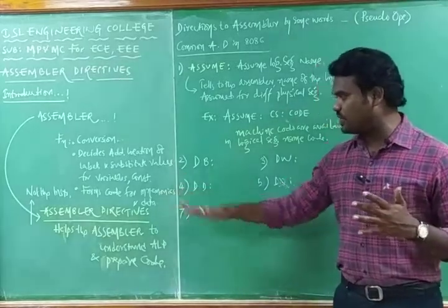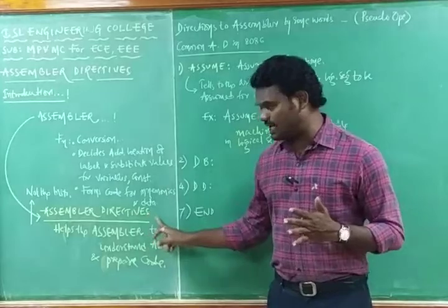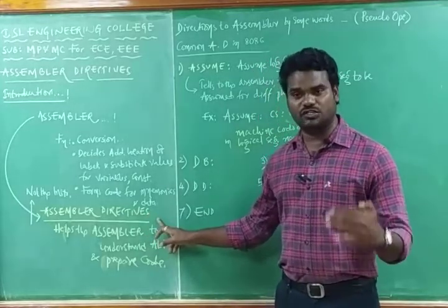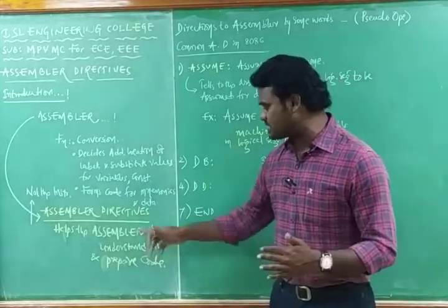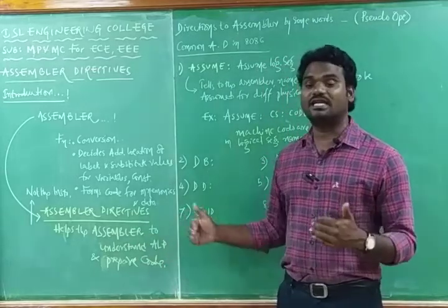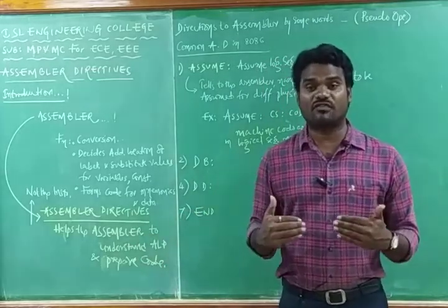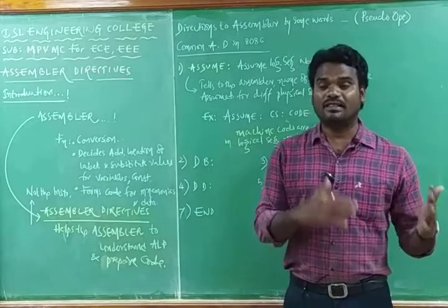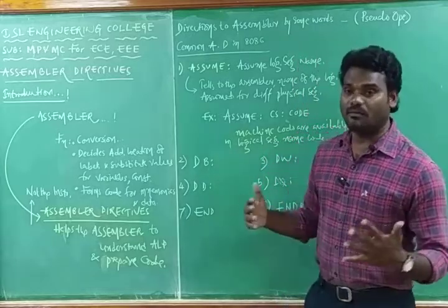Here we have the assembler directives. These are the English words which direct the assembler to understand the complete assembly language program so that it prepares the proper code for it. That code is also named machine language.